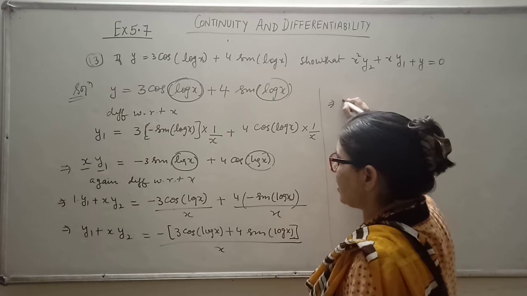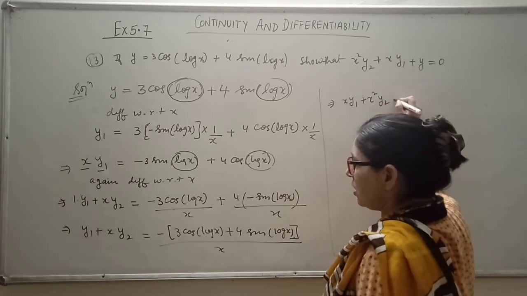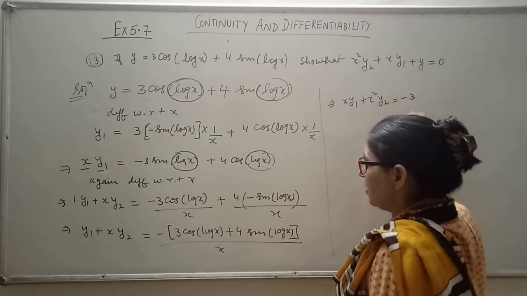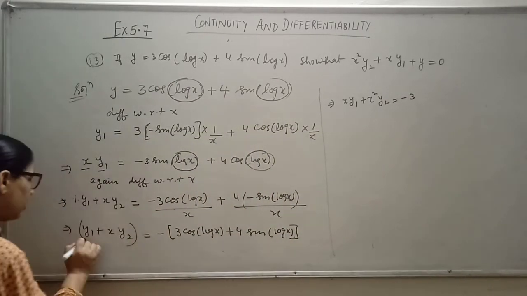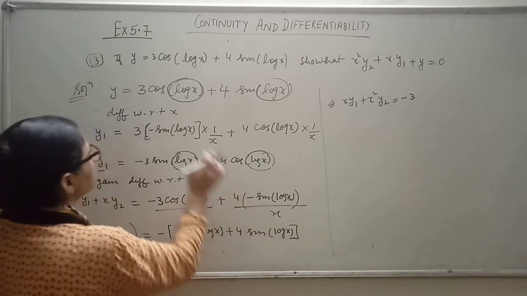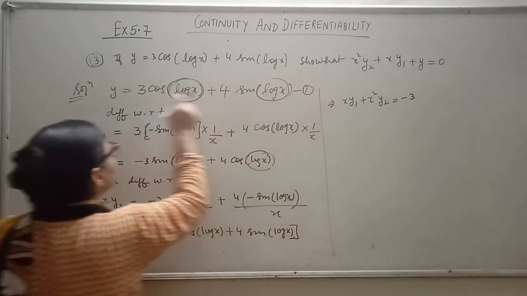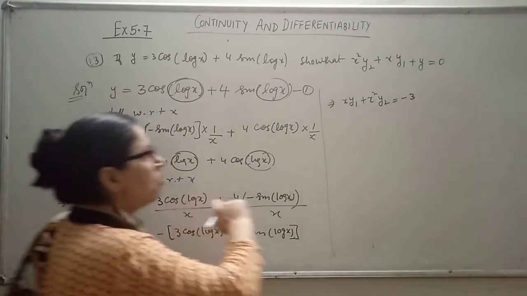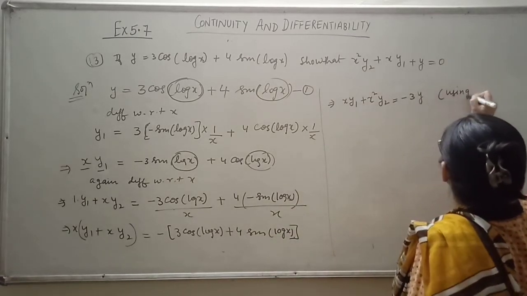It becomes xy1 plus x square y2 is equal to minus 3. When you will shift this x to this side, इस x को अगर आप इधर ले जाते हो तो आप ये देखिए 3 cos of log x plus 4 sin of log x, this is equal to what? This is equal to your y. So this is minus 3y using 1.